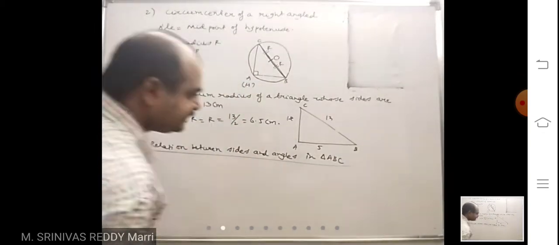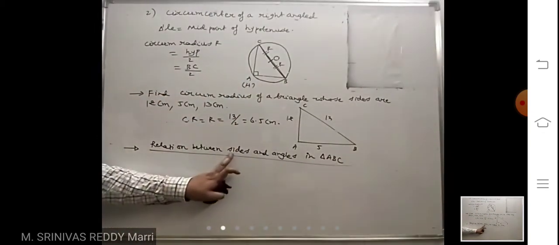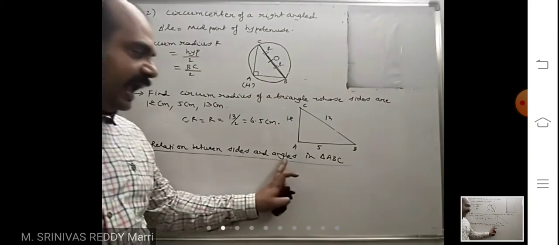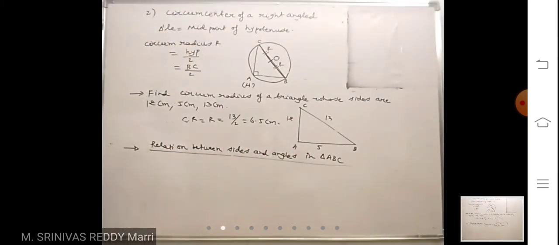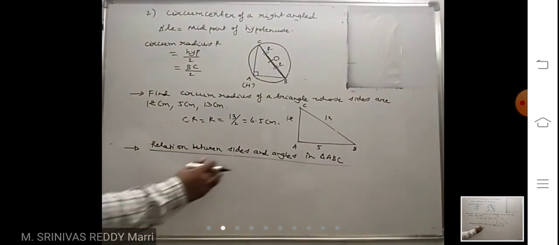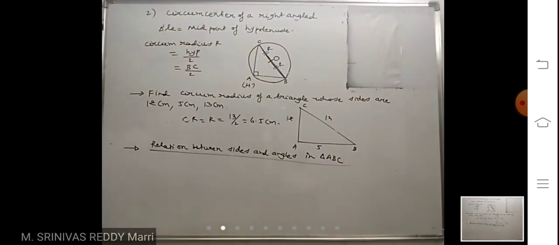Sides means a, b, c. Angles means angle A, angle B, angle C. So for finding the relation between sides and angles, there are some rules. First one is the sine rule.